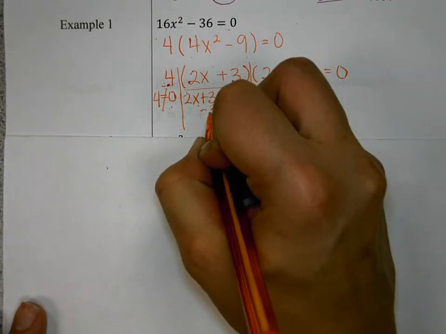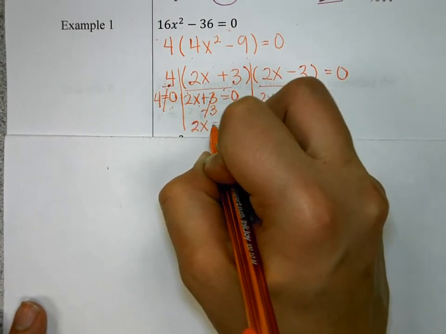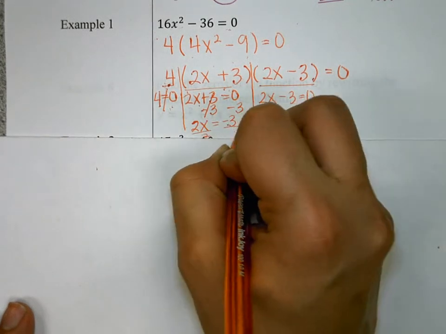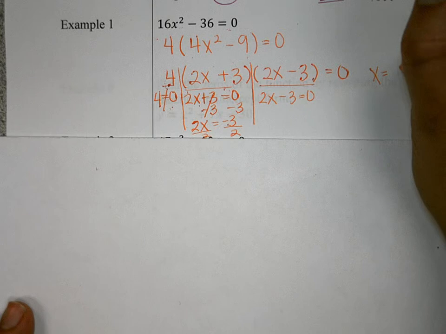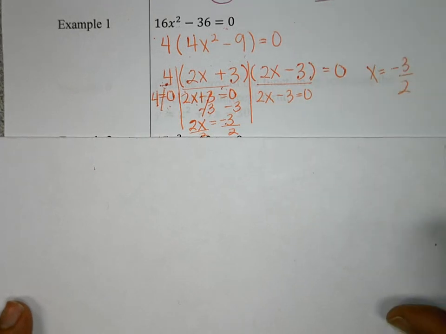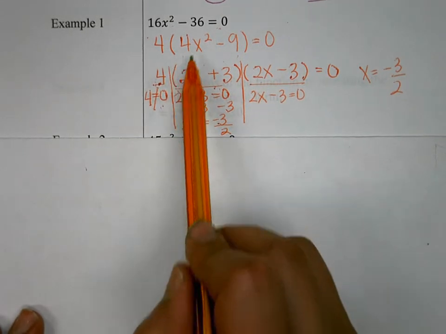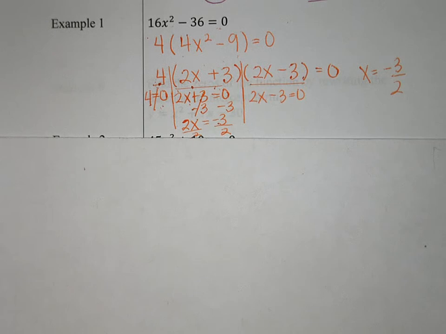So I'm going to subtract 3 from both sides. That gives me 2x equals negative 3. And then I divide both sides by 2. So one of my answers is x equals negative 3 over 2. So if I were to plug in negative 3 over 2 for x, my whole equation would multiply out to give me 0.